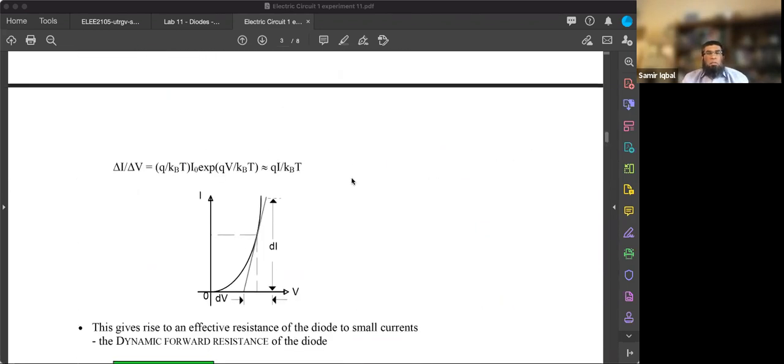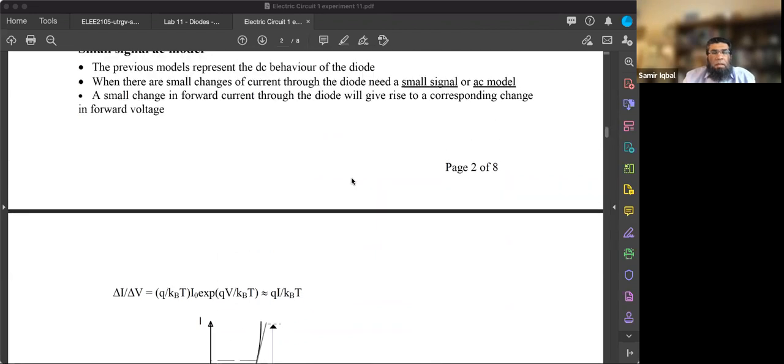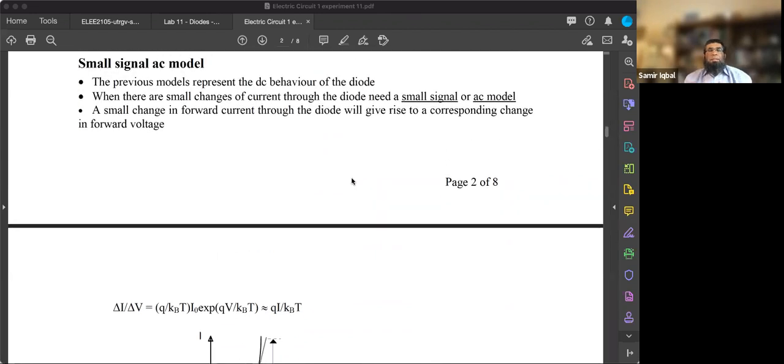Now, coming back to the AC modeling. In DC, it was just the reverse bias current times an exponential dependence on the applied voltage. But when we talk about the AC voltage, the signal, the behavior is slightly more involved.